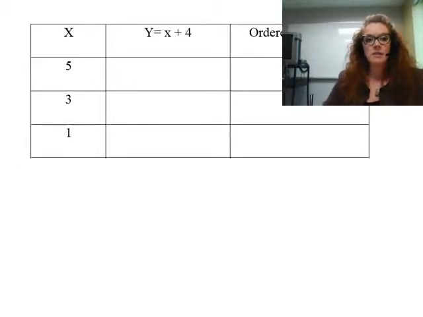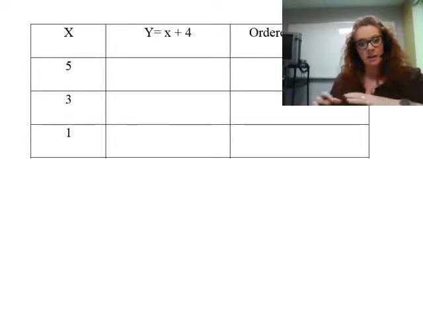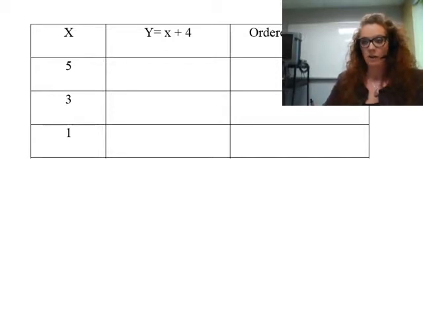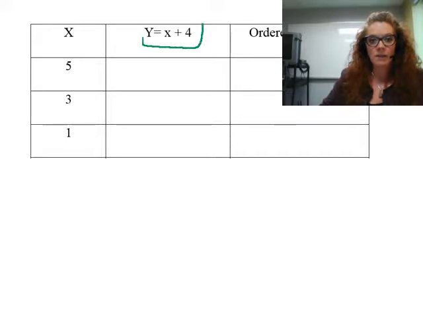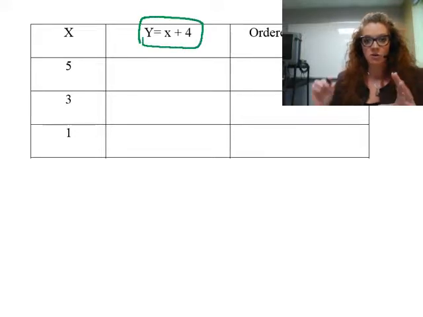The indicators say that you should be able to take an equation and turn that into ordered pairs and plot those onto a graph. So here is just another example of how that's done. Here's our equation, y equals x plus 4. It's the magical formula that's going to happen inside that x and y chart.